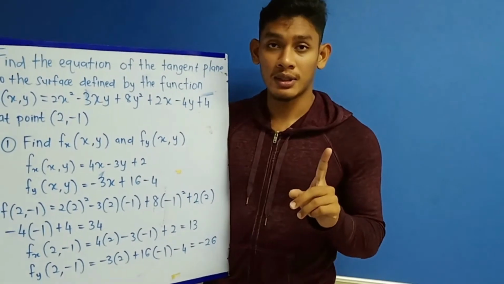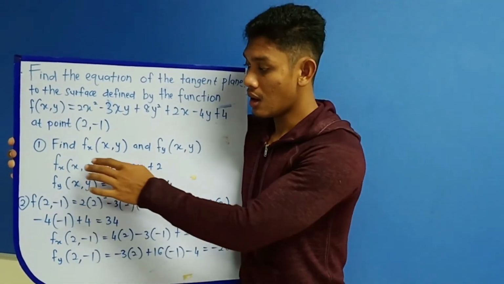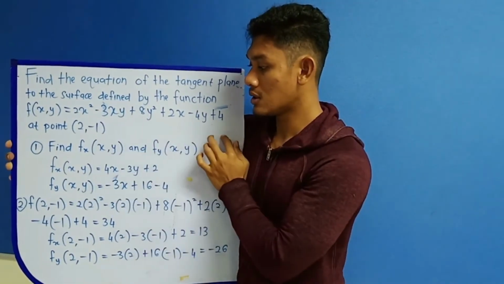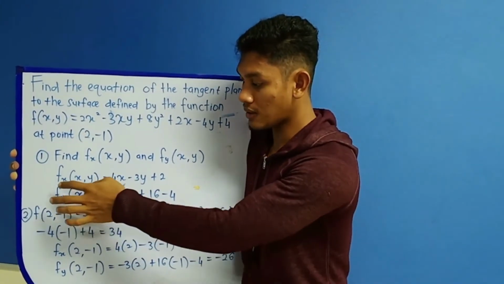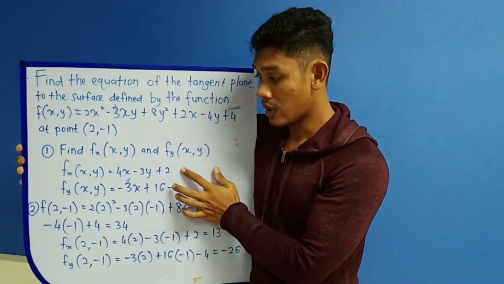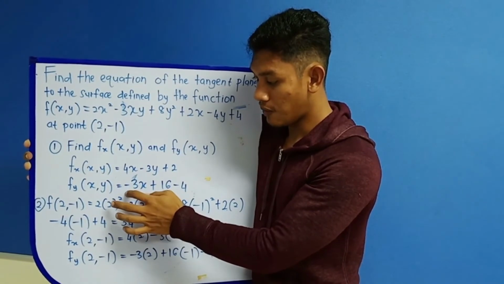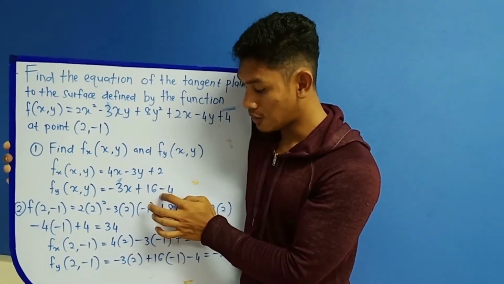Firstly, we have to find the derivatives f_x and f_y. From the equation, f_x equals 4x minus 3y plus 2, and f_y equals negative 3x plus 16y minus 4.